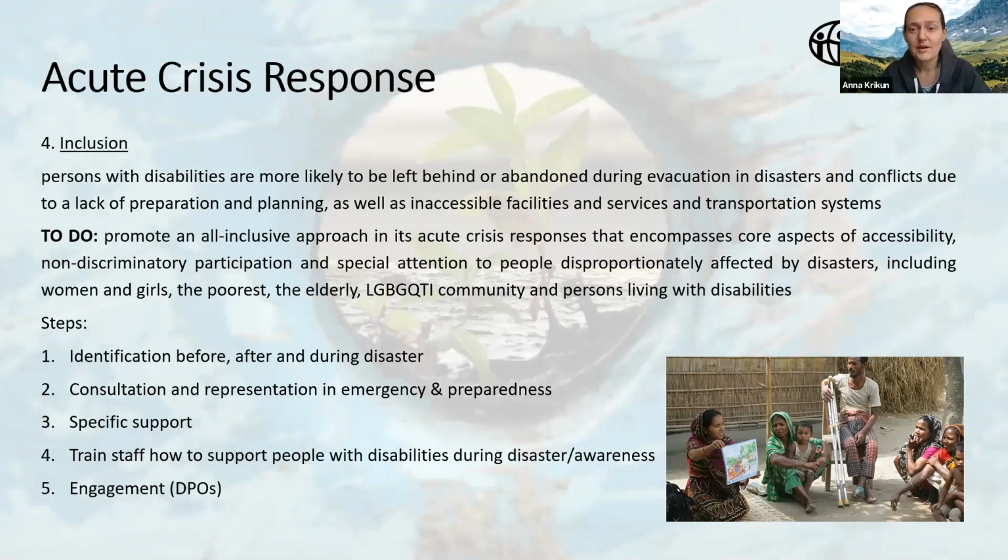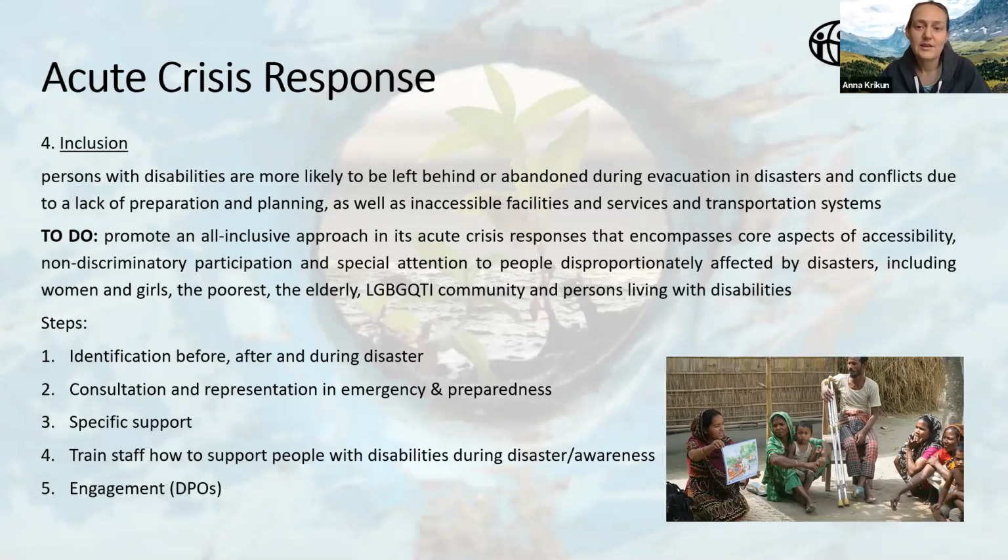So on the steps, how do you make inclusion possible in the humanitarian response? One of the steps is to identify these people, identify and know your community and see how many disabled people, if you take the example of people with disabilities, are there. Also track them before disaster, during disaster, and after disaster.